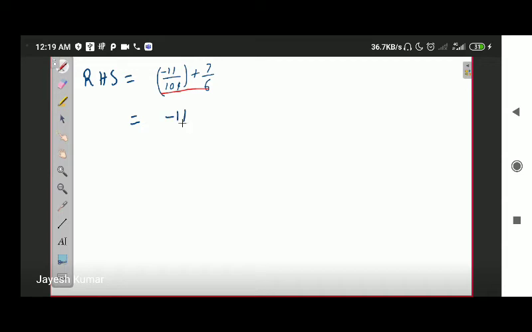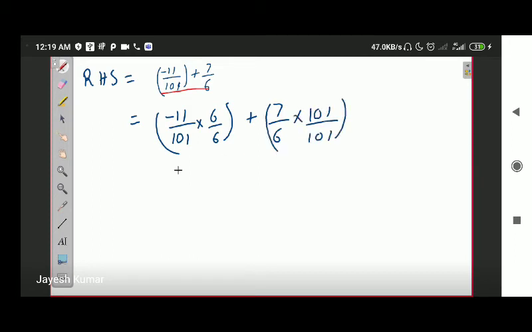I am just writing 1 into 6 upon 6 plus 7 upon 6 into 101 upon 101. Okay, in this manner you will get minus 66 upon 606 plus 707 upon 606.